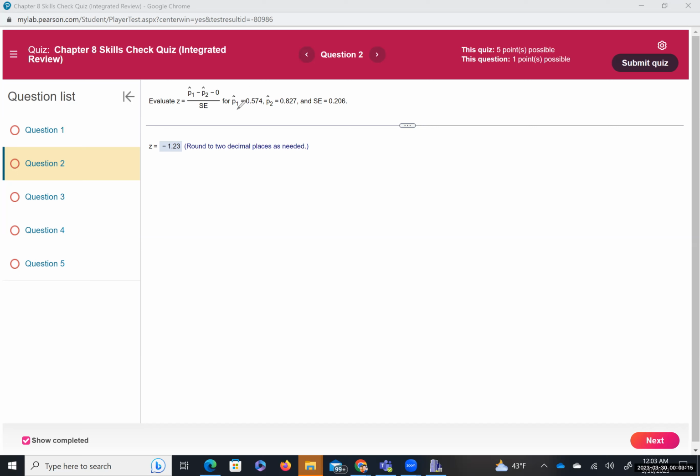We are given them. So the Z score is going to be 0.574, and then minus P2, which is 0.827. Minus 0, that's fine if you want, but you can ignore it also. And you divide by SE, 0.206.